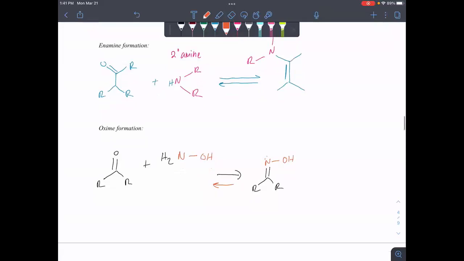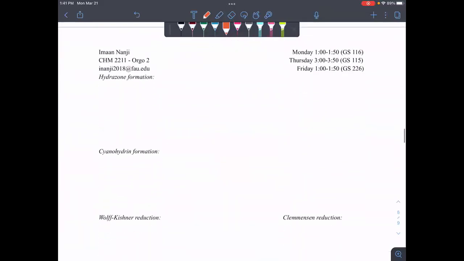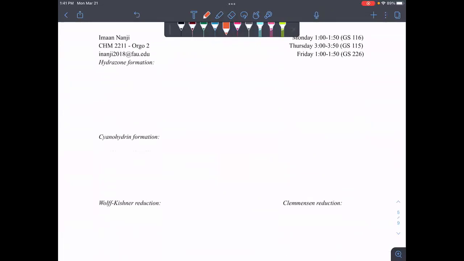All right, there's a few more. So to get hydrazones, we react an aldehyde or a ketone with this thing. You remember what this is called?